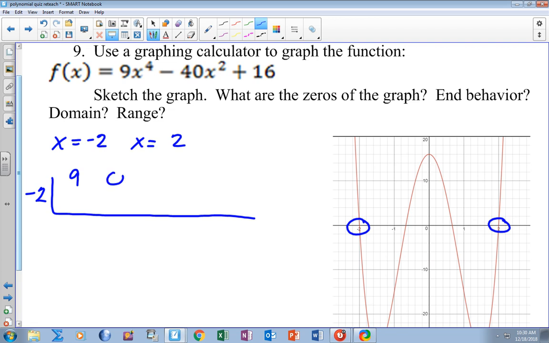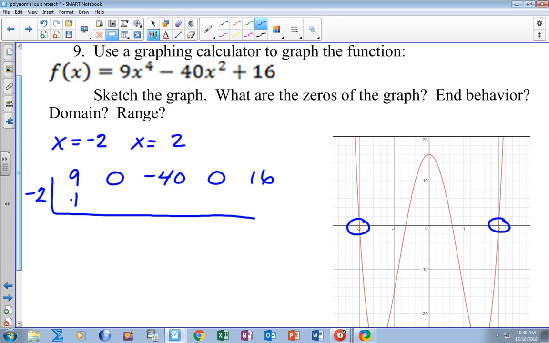We don't have an x to the 3rd, so we substitute a 0 in for x to the 3rd. Our x squared term is negative 40. We don't have an x to the 1st term, so 0, and then our constant term of 16. So remember, you have to hold your places for the missing terms.